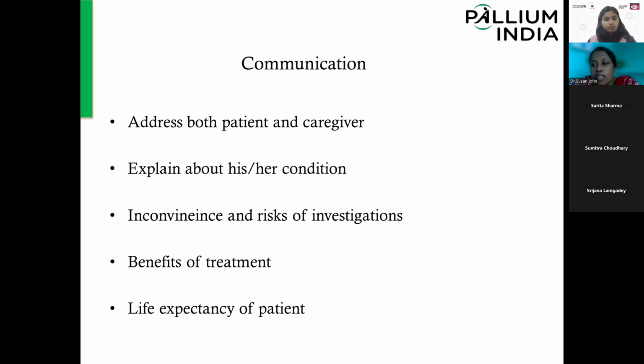Talk with the patient and identify what the real issues they are facing and what the distressing symptoms for the caregivers are. Explain about his or her condition: the current situation, the prognosis of the disease, the underlying etiology, and the inconveniences and risks of investigations.